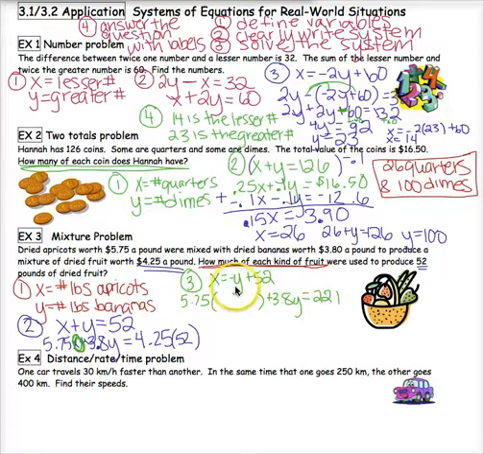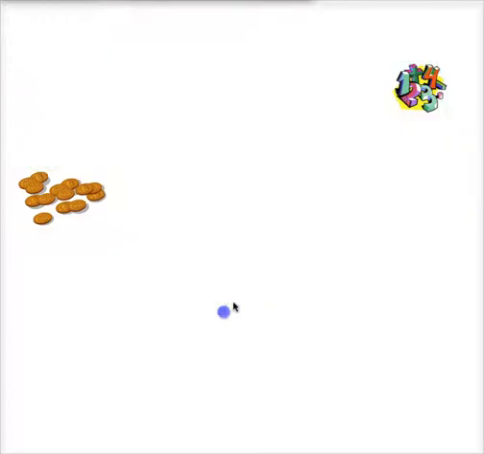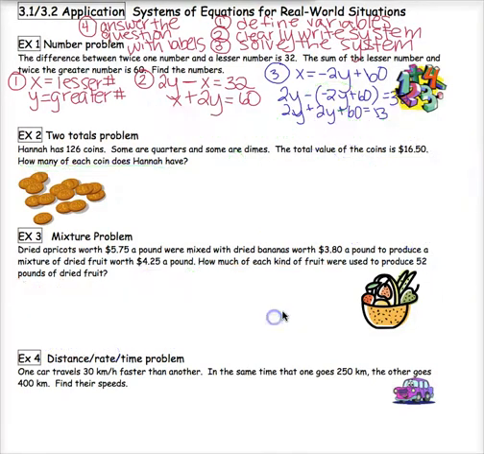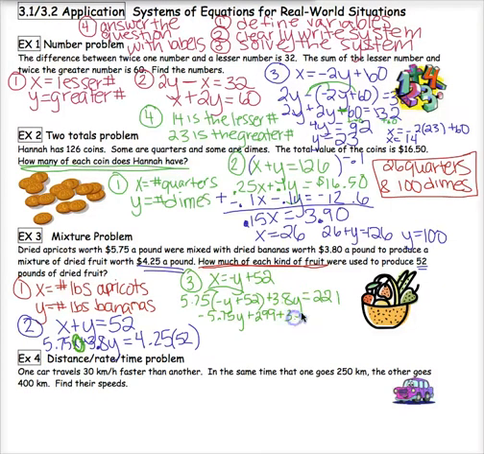Now I'm going to plug in my substitution, so negative y plus 52 in here, and now I'm going to solve. So distribute, so negative 5.75y plus 52 times 5.75 is 299 plus 3.8y equals 221.